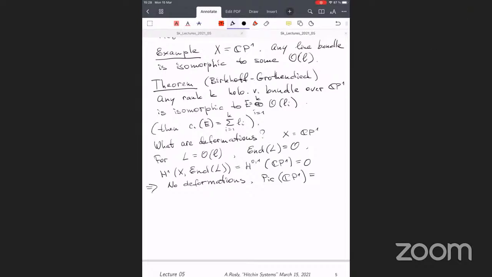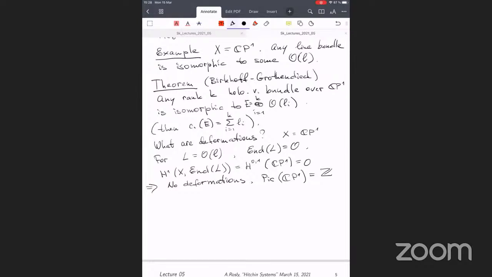No. If it were a point, all the line bundles would be isomorphic to each other. So the whole Picard group, not just the connected component of the identity. Yes, the whole one. What is it? It's Z.